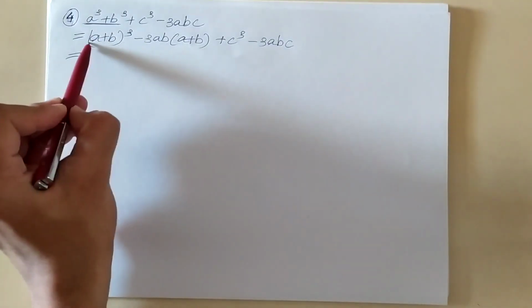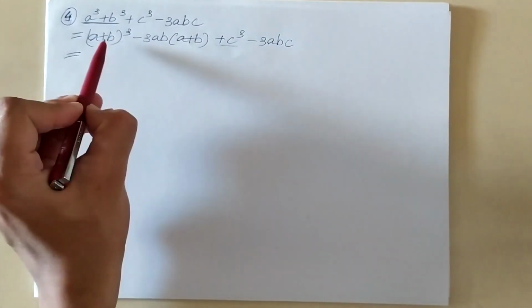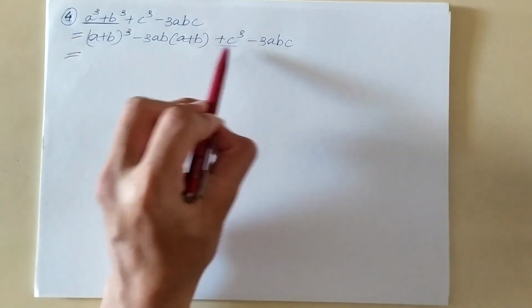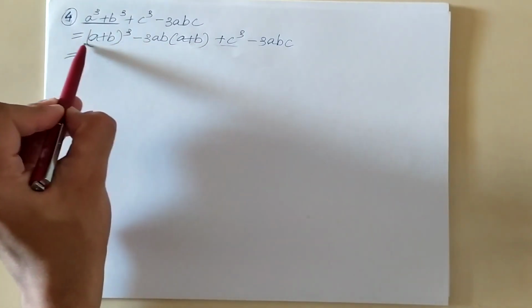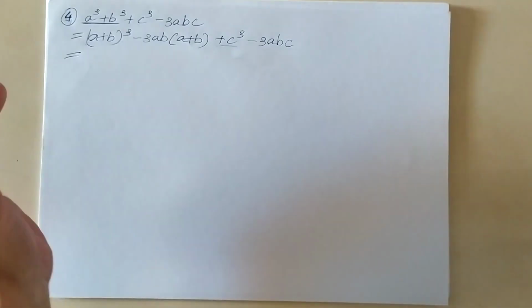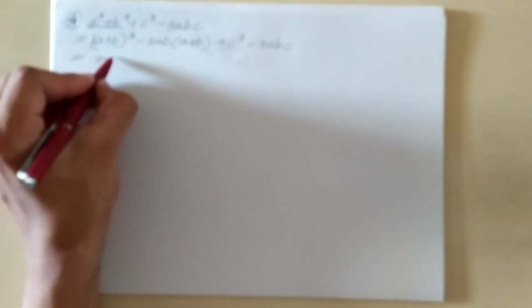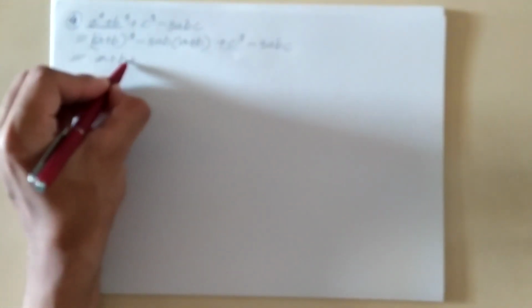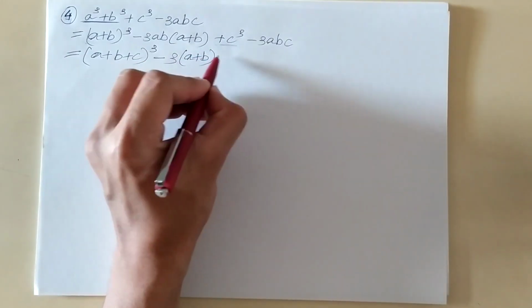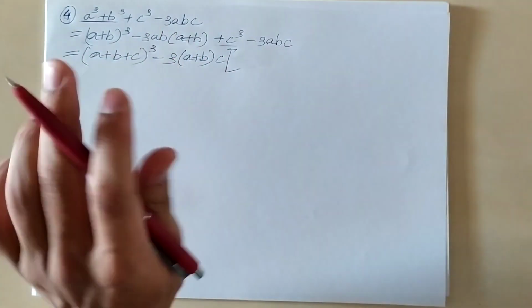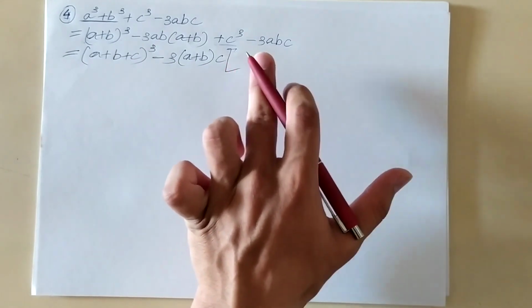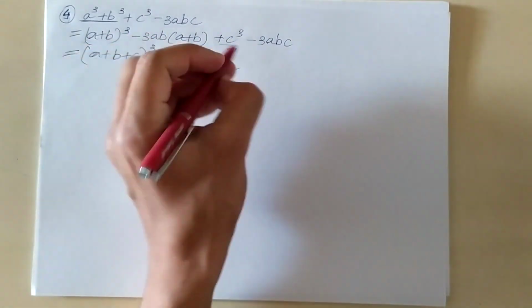Now we can see 2 cubic terms, so we will again apply the a cube plus b cube formula on these 2. So here a becomes a plus b and b becomes c. So a plus b plus c whole cube minus 3 into a plus b into c, and then minus 3ab into a plus b.